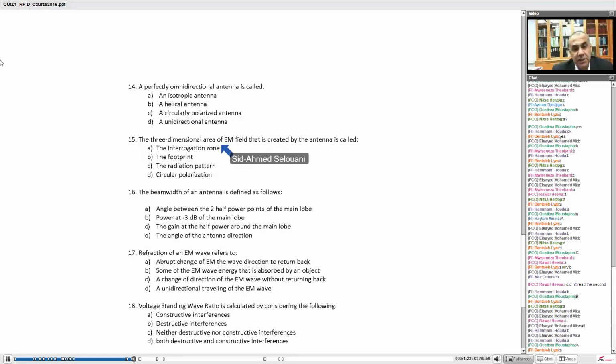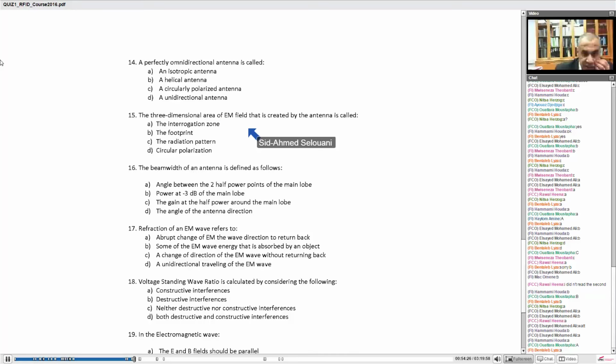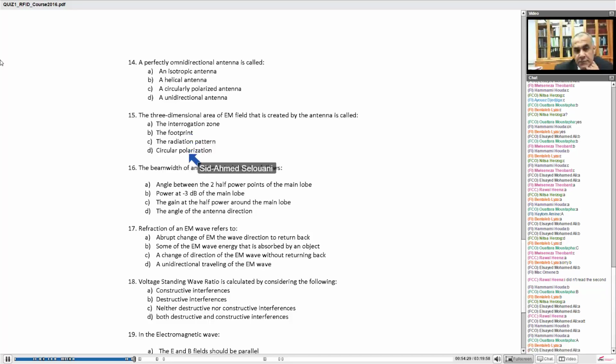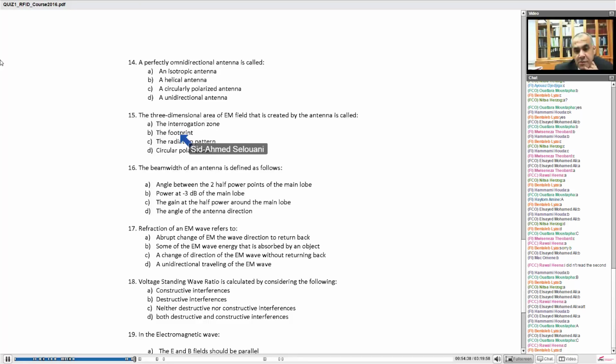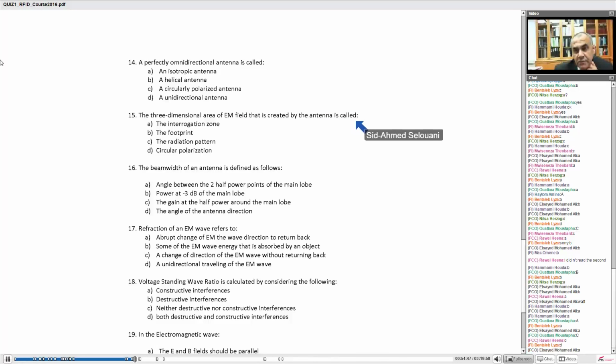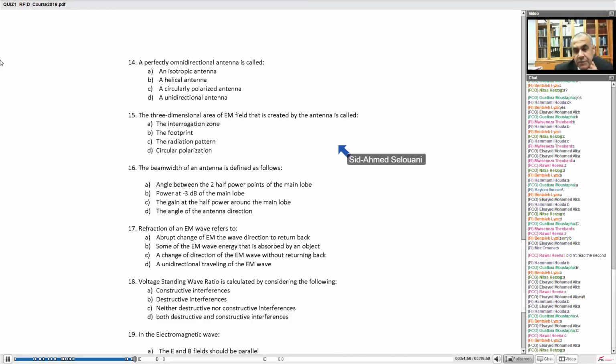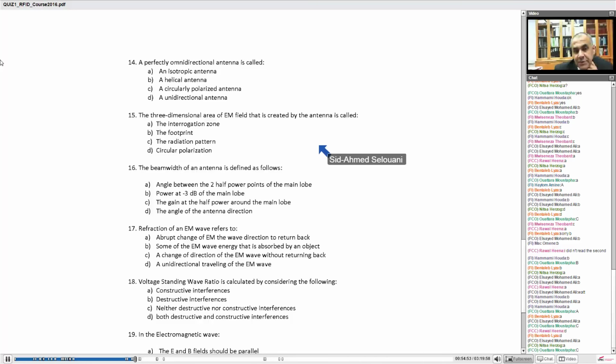A perfectly omnidirectional antenna is called also A, yes, isotropic antenna. The three-dimensional area of electromagnetic field that is created by the antenna is called the radiation pattern.